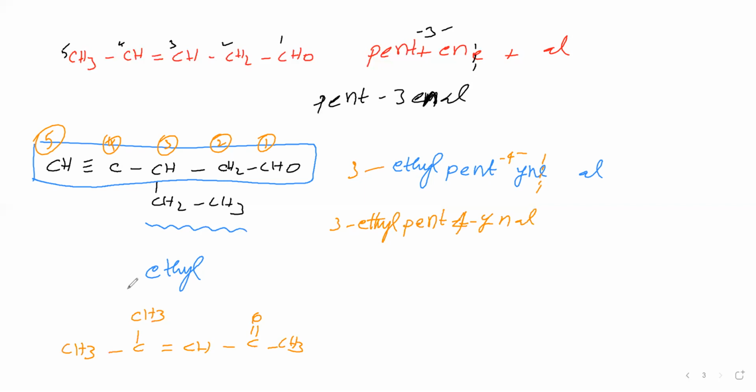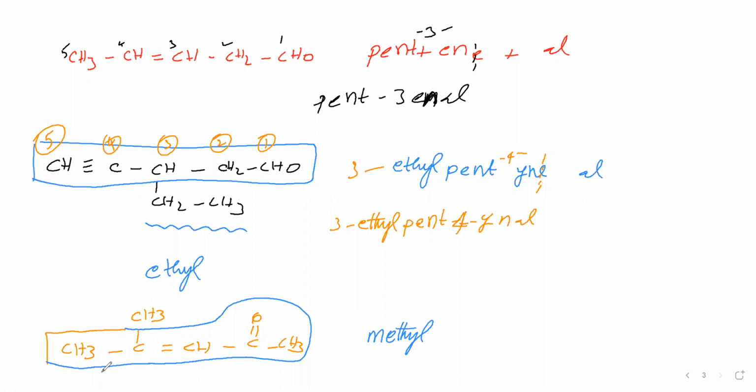Okay, so we will select the parent chain. The parent chain is coming as like this. This CH3 is the branch here. This CH3 branch name we will say, that is methyl.